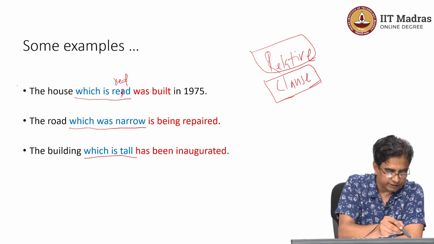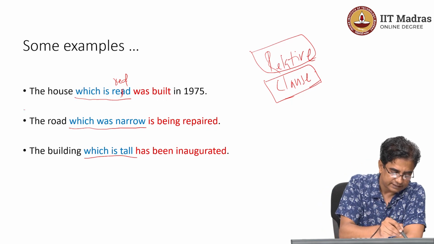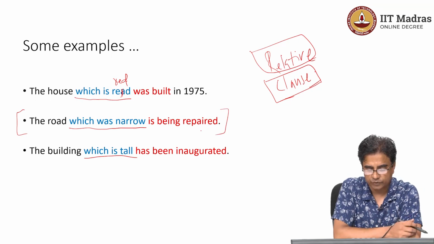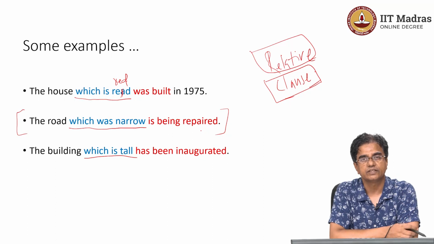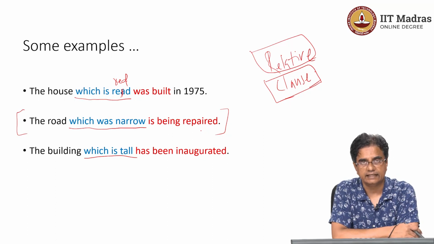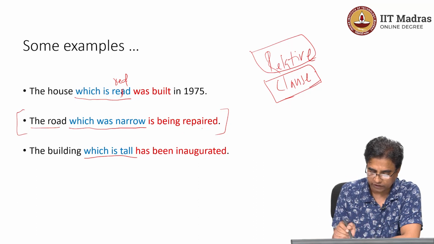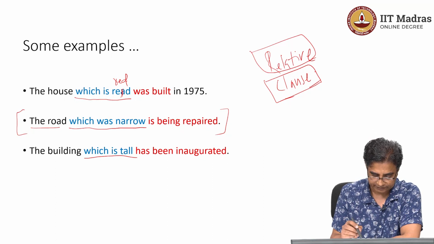If you look at this sentence carefully, we get the idea that this whole thing is one sentence. The road which was narrow is being repaired. This is a full sentence. In this sentence, road is the subject and the whole thing is the predicate.